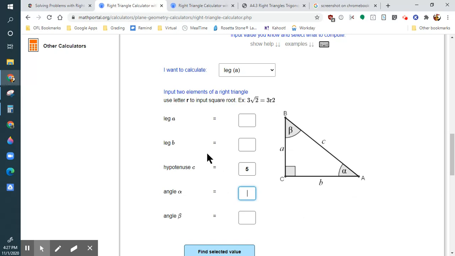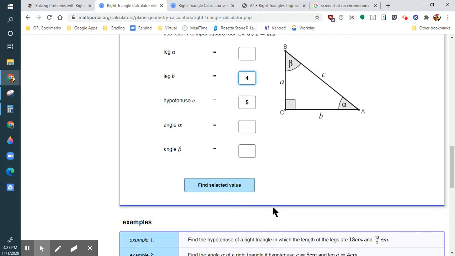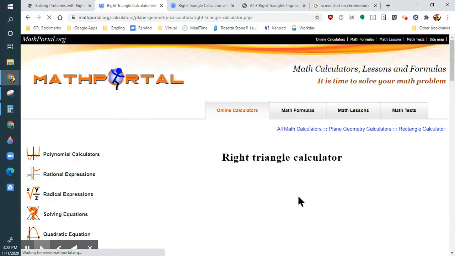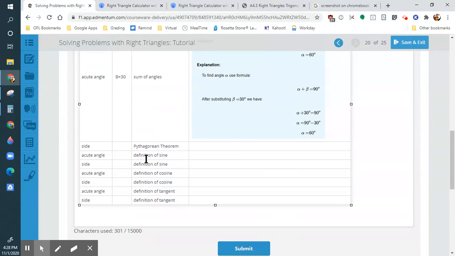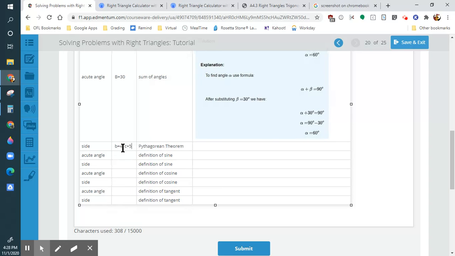So if I'm solving for leg A, I need leg B. So I'm going to make that 4. I'm going to click find value. So what's given? Given is B equals 4, comma, C equals 5.